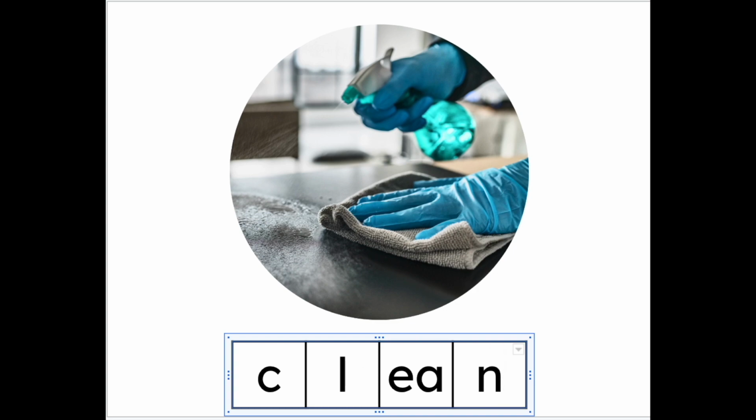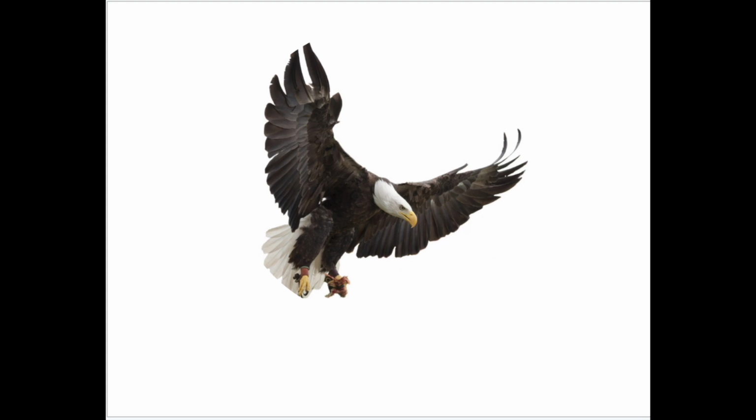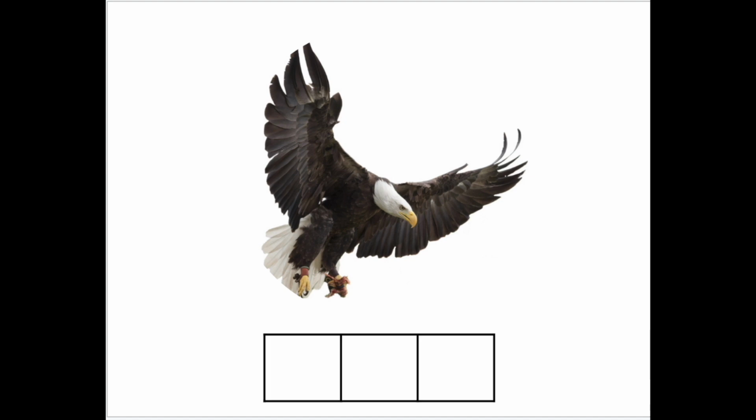Good job. Next word. This is an eagle. How many sounds do you hear in the word eagle? Good. 3 sounds. What's the first sound you hear in the word eagle? E. We're spelling the long E sound, E-A. What's the second sound you hear? Eeg. G. That's spelled with the letter G. Nice job.